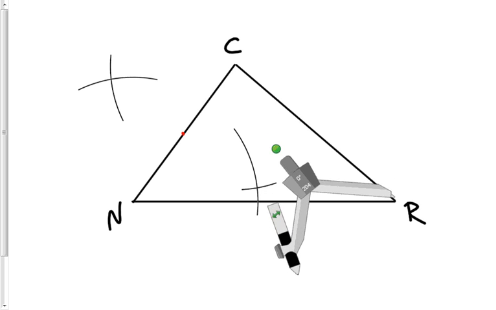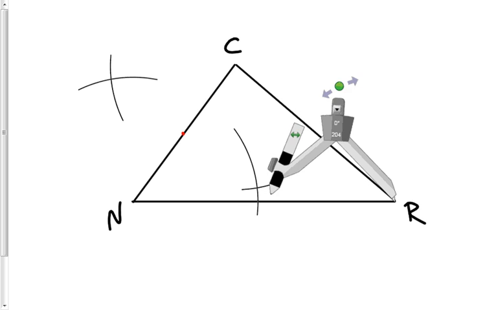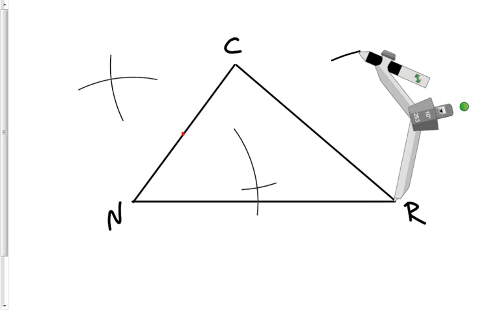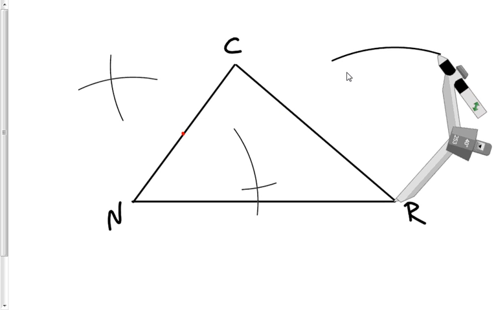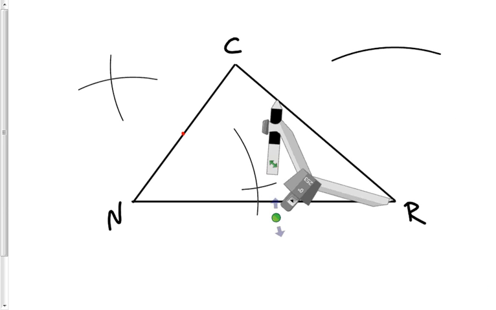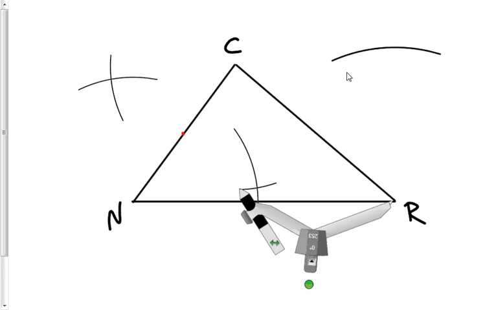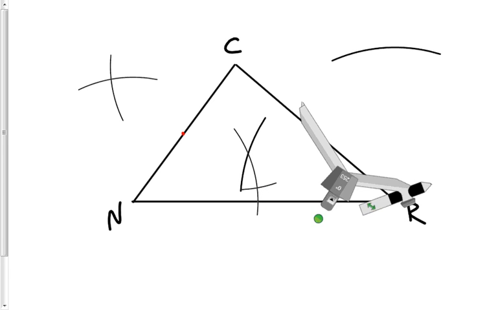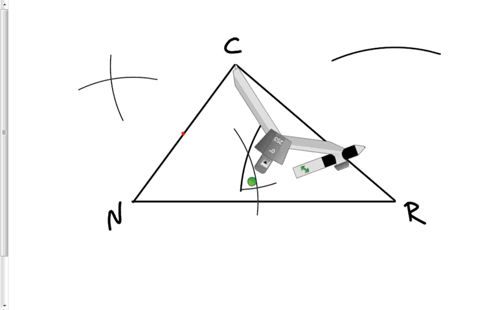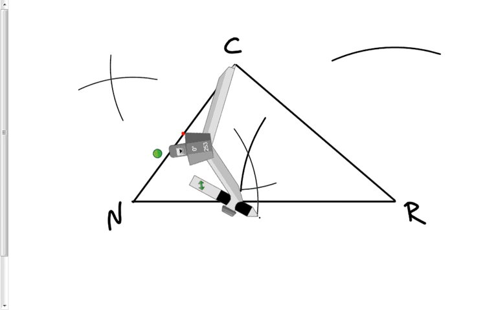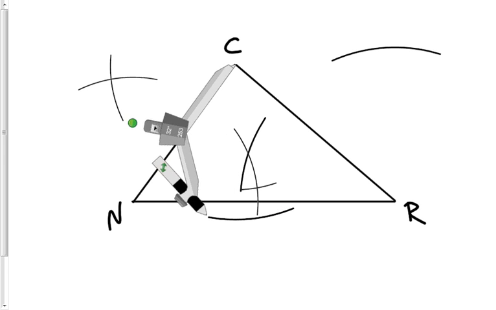Now I'll come over to side CR and find its midpoint by constructing a perpendicular bisector. It's going to be a little bit crazy. There we go. Bring it over here. Oh, looks like I'm going to need to go back and do that other arc again.